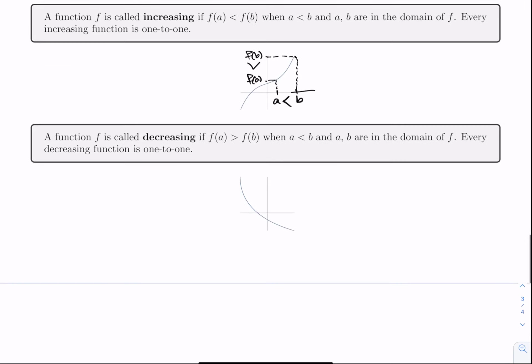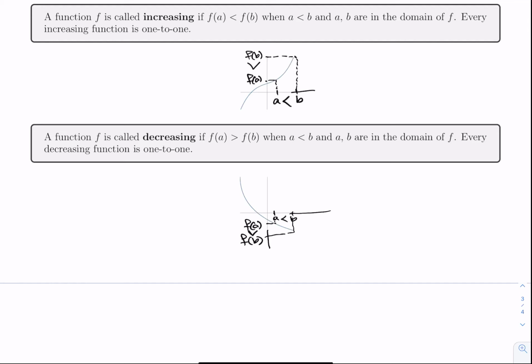In a similar way, we define a decreasing function: if you choose two different x values, a and b, where again a is less than b, this time f of a is greater than f of b.